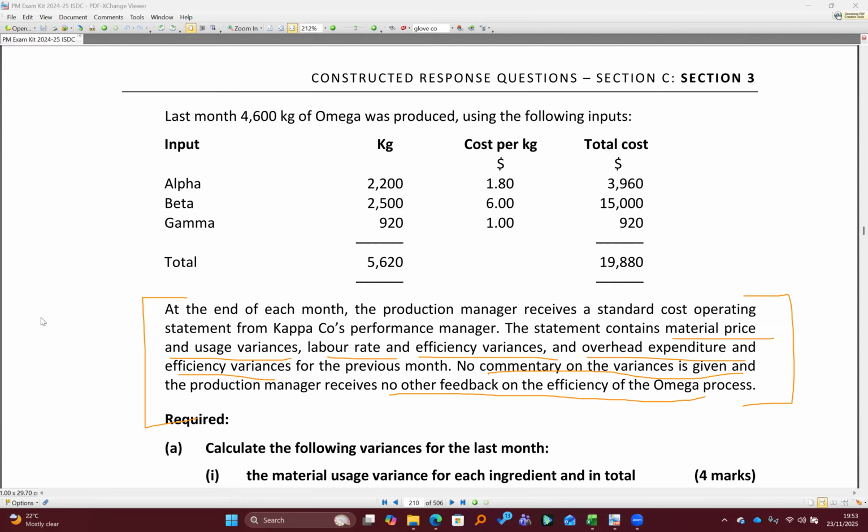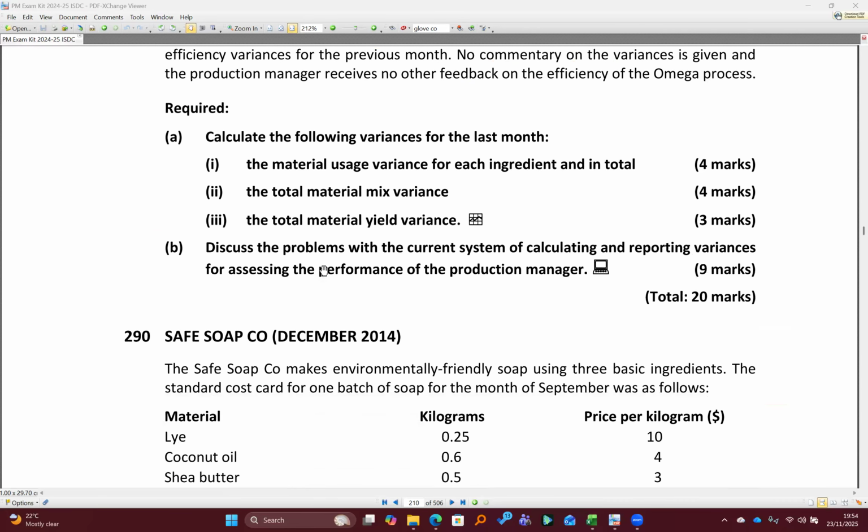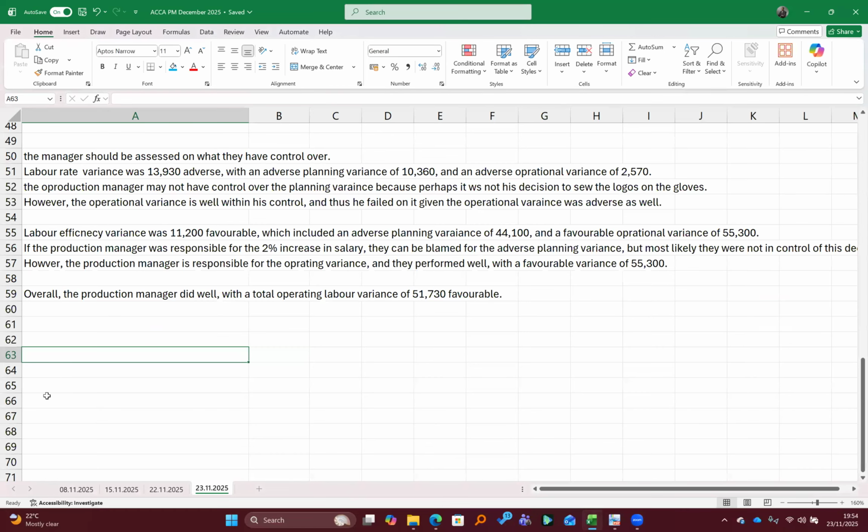Okay, so let us start with the calculations. We are going to start looking at materials usage. As the name suggests, of course, you're going to look at what you should be using and what you actually used.